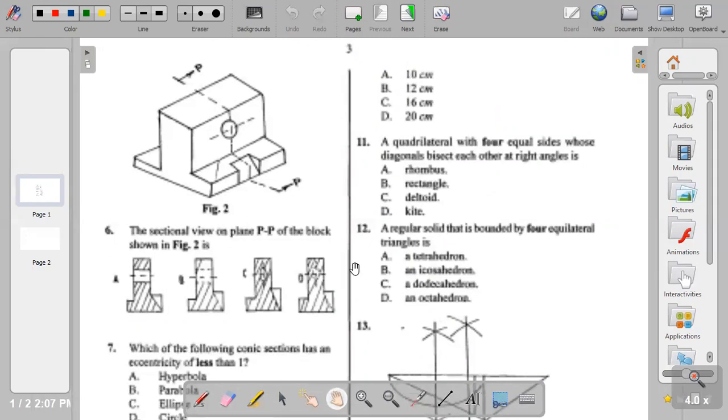So the sectional view on plane PP of the block shown in figure 2 is, we have these options, A, B, C, and D. The answer is A. It is A because when you cut vertically downward, looking at the cutting plane, we are viewing from the point where we have the arrow.